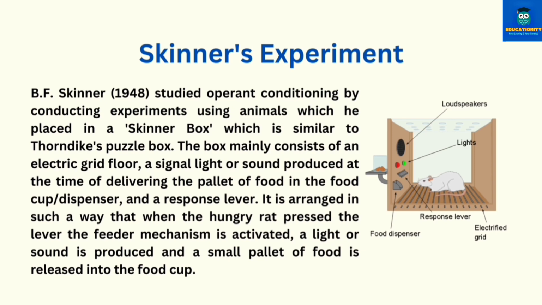The box mainly consists of an electric grid floor, a signal light or sound produced at the time of delivering the pellet of food in the food cup or dispenser, and a response lever. It is arranged in such a way that when the hungry rat presses the lever, the feeder mechanism is activated. A light or sound is produced and a small pellet of food is released in the food cup.